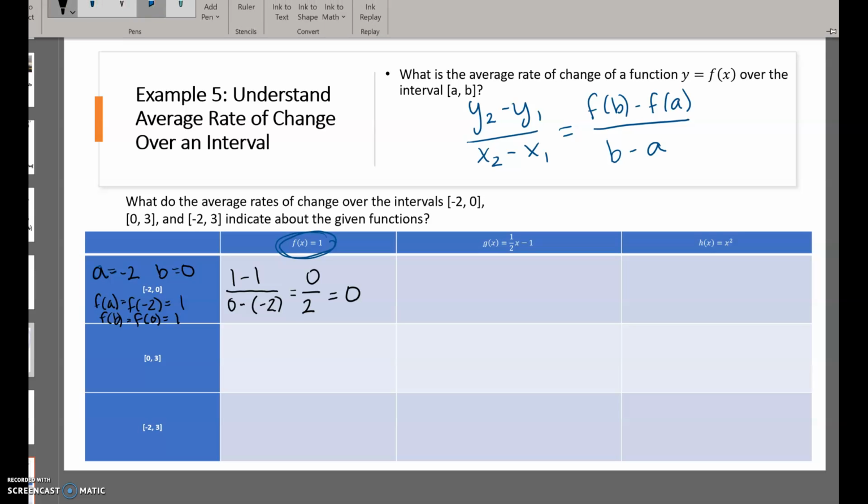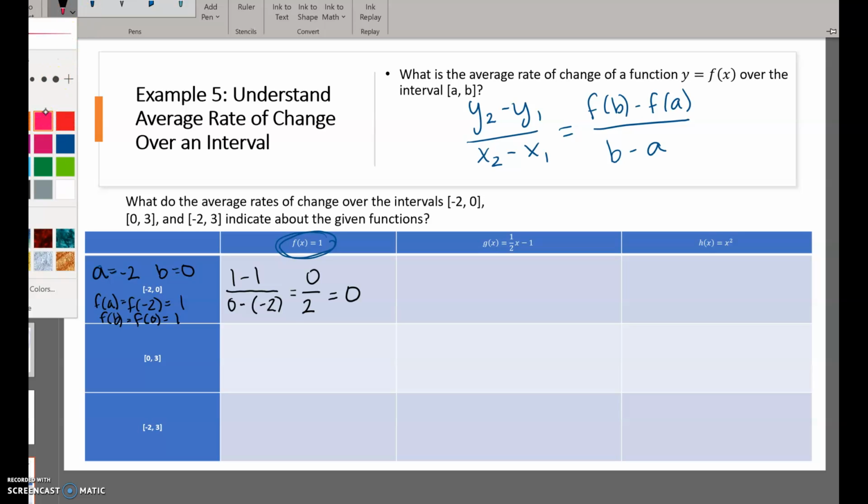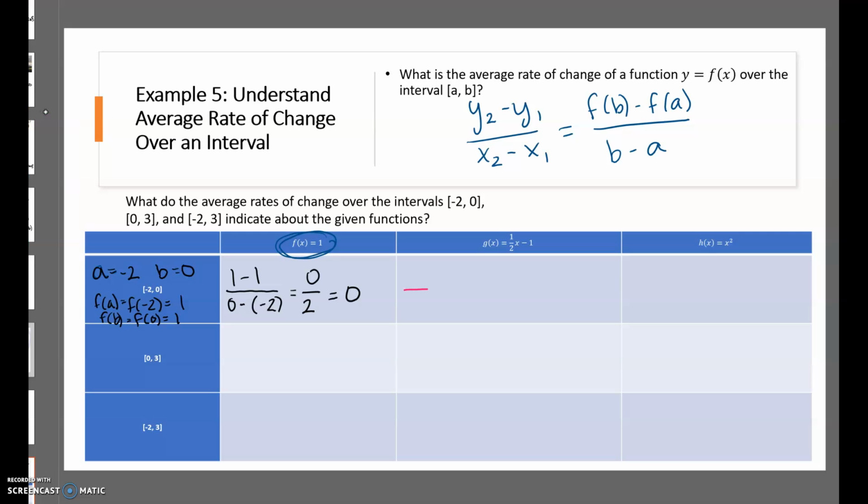I'm going to switch colors again, and then I'm going to go to the next column and we're going to look at that one. So in this one, we have a is -2 still, and b is 0 still, but now we have a new function that we need to plug in. So if we're looking at f of a, we said is -2, and we're going to be plugging that in here. So we have 1/2 times x, so that's where we're plugging in the -2, and then minus 1.